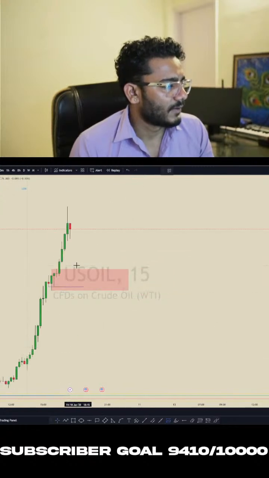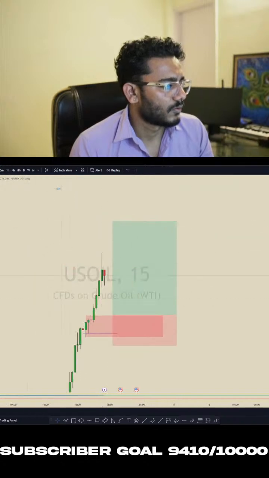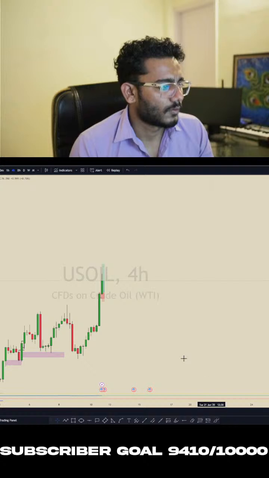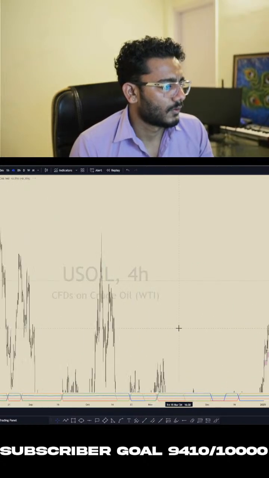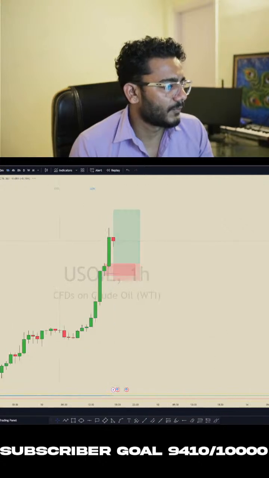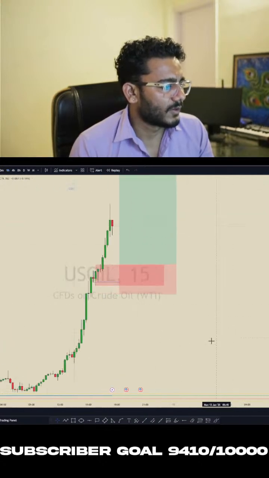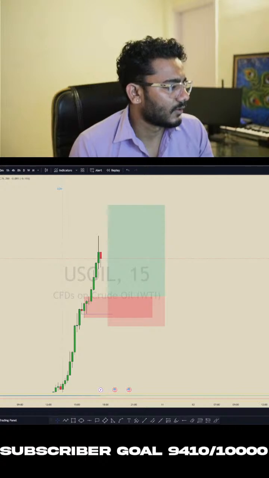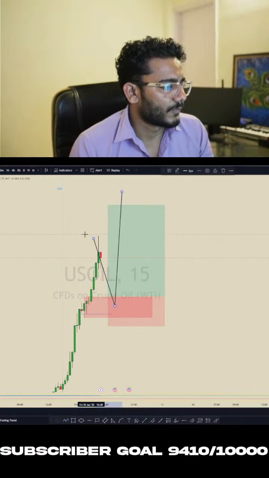Then we can catch this retracement to the upside, plus below this low. Because price has created this imbalance, I think price can continue to the upside. So let's wait for price to retest and then continue this trend to the upside.